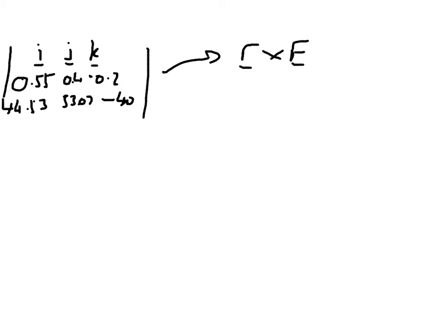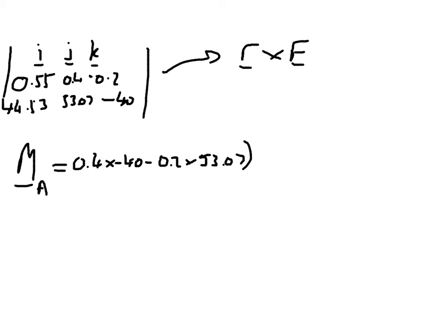If I then start to work out my three I, J and K components of my moment as a vector about point A, that's going to be, for the I component, 0.4 times minus 40, minus 0.2 times 53.07 i.